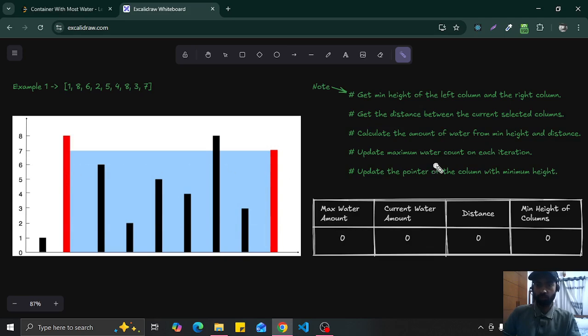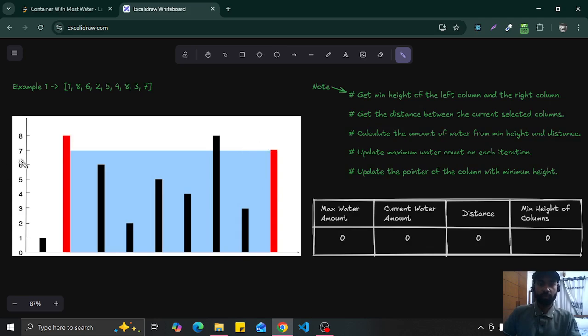So what we have to do is get the minimum height of the left column and right column, and also get the distance between the two current columns. For this, the lowest height is considered as the water unit.